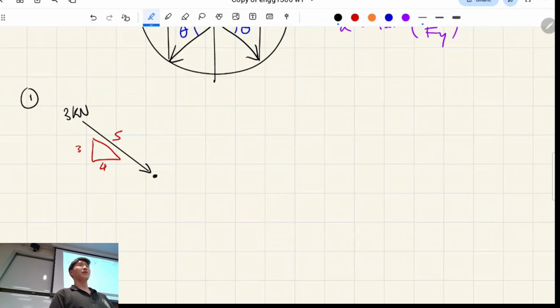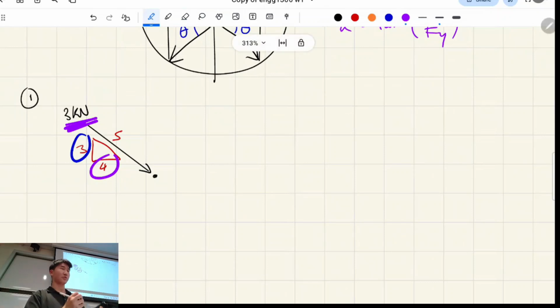Essentially we're only looking for either the horizontal component or the vertical component, but we only know the diagonal magnitude. So we want the proportion of the diagonal, which has a weighting of 5, the horizontal one has a weighting of 4, and the vertical one has a weighting of 3.